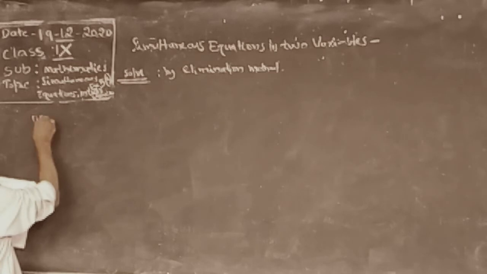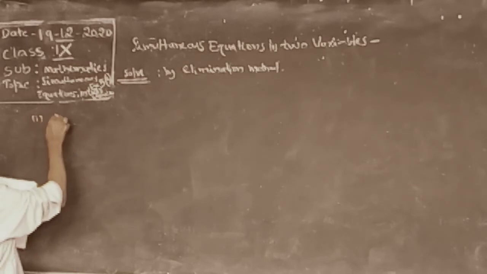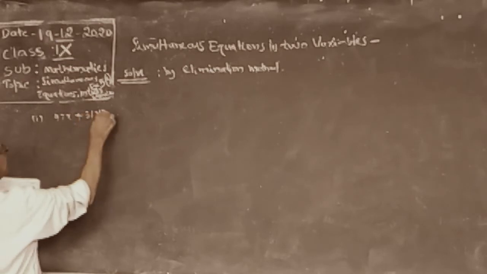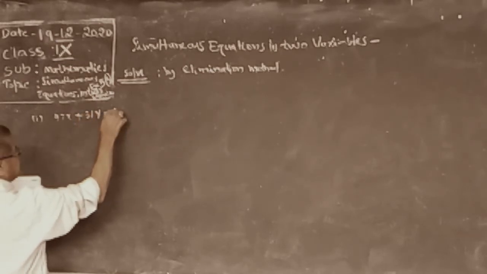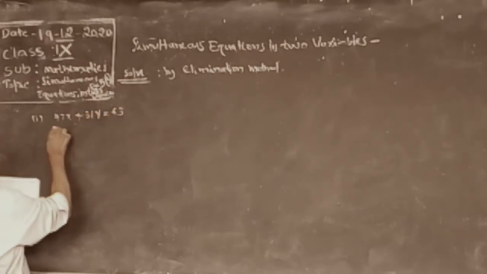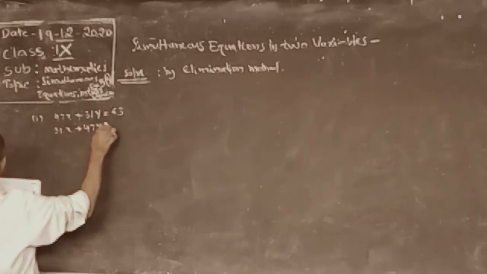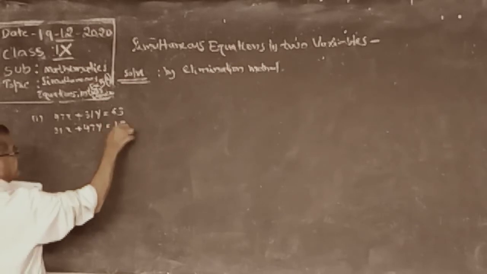Number one, first equation: 47x plus 31y is equal to 63 and 31x plus 47y is equal to 15.